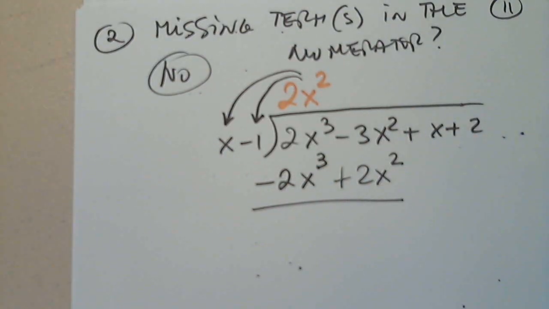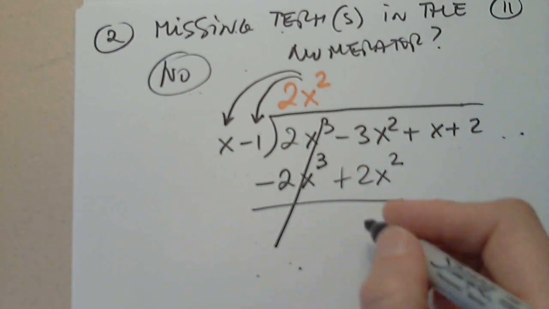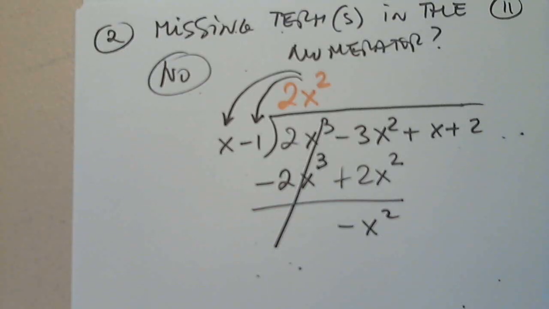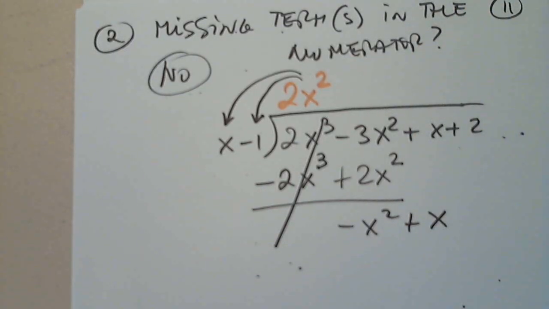Meaning, every time I write below the like term, I have to change the sign to the opposite. Perform the operations, I see nothing, negative x squared. I bring down the next in line.